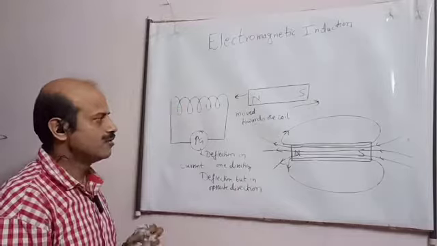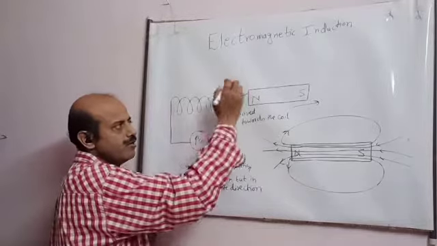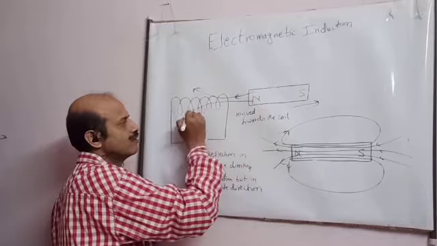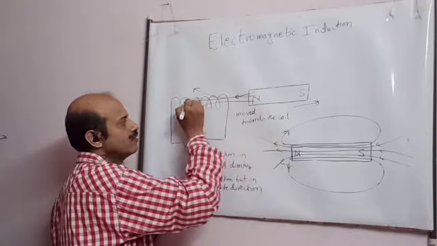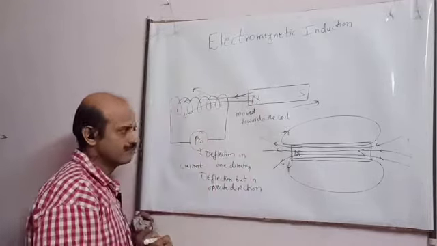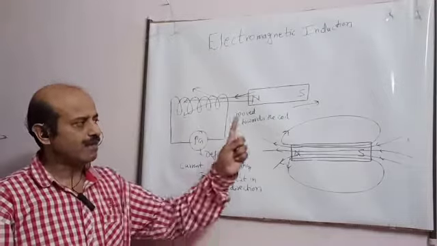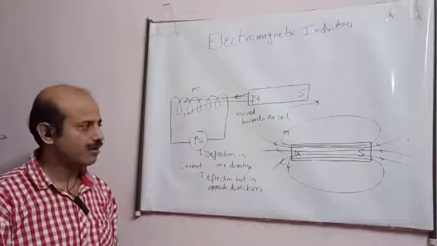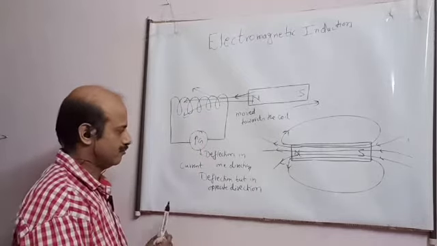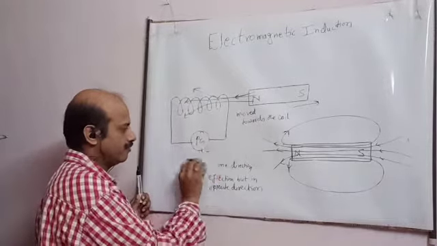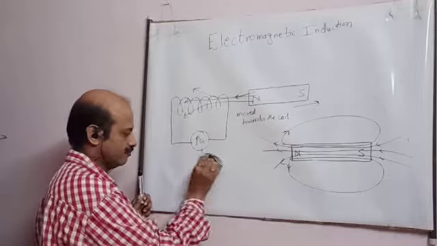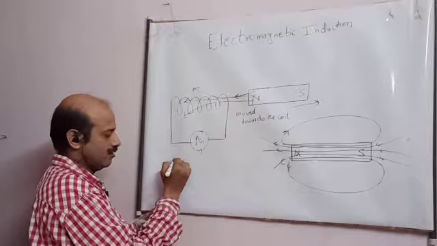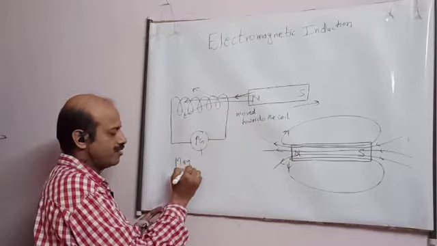So when I am moving this magnet, the magnetic lines of force are entering this loop. And one more thing, I will write it here. This means when the magnet is moved, the magnetic field is changing.